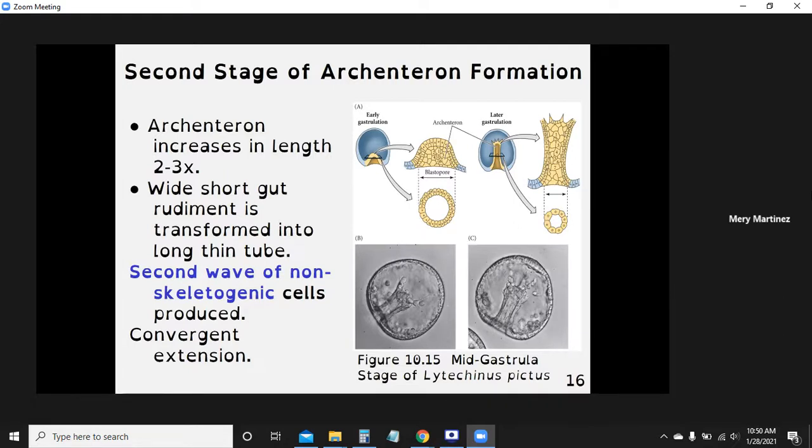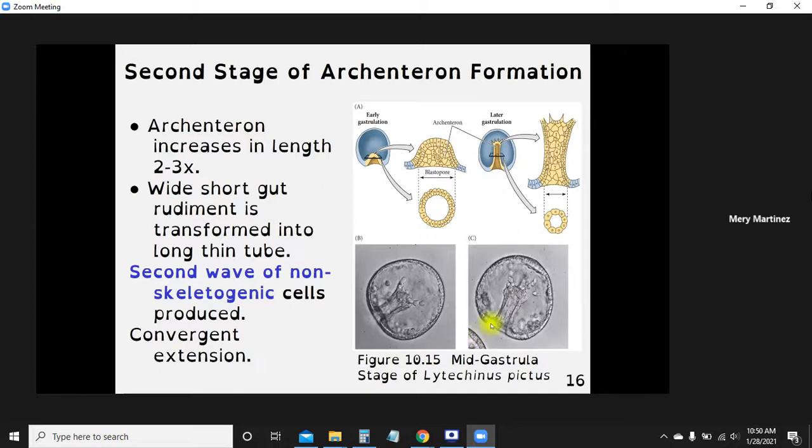The wide, short gut rudiment is transformed into a long, thin tube, right? We were thicker here, and then it becomes thinner over here. This is accomplished by the cells of the Archenteron rearranging and migrating, flattening themselves.